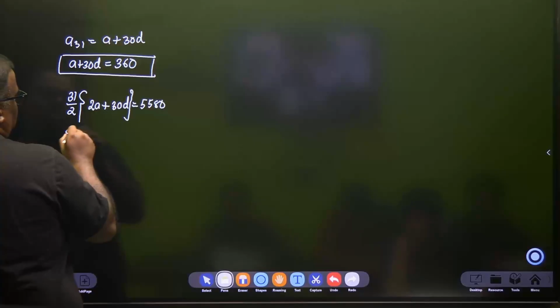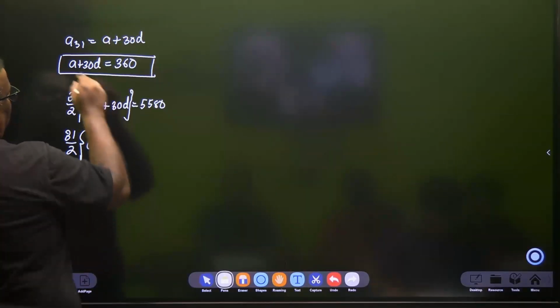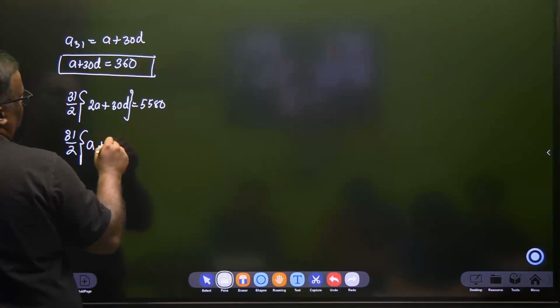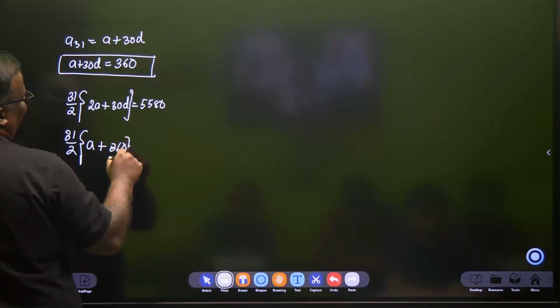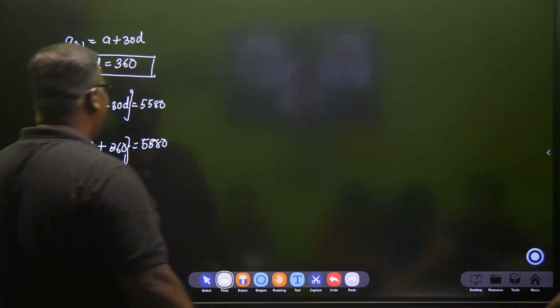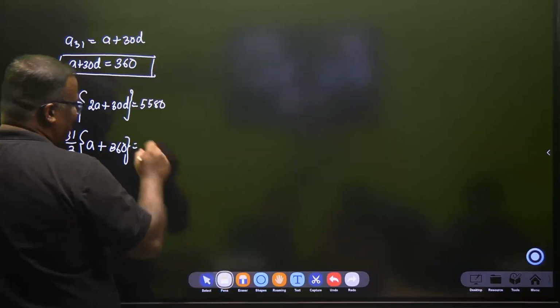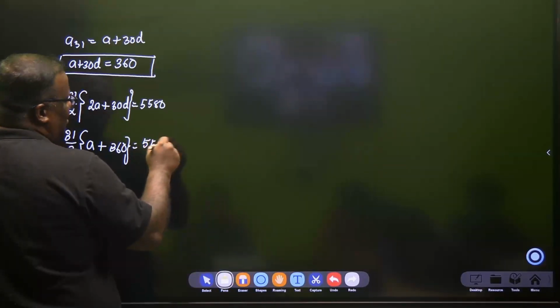Here you can do it nicely. Instead of 2a you take it as a, and A plus 30D you already know is 360. So now the calculation becomes easy.